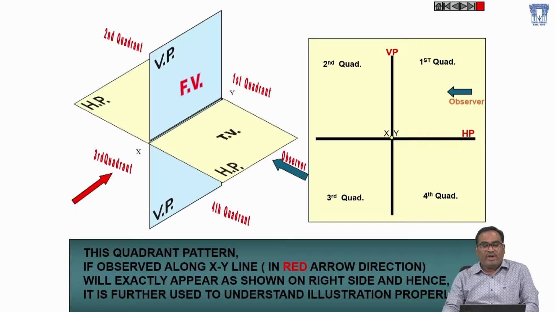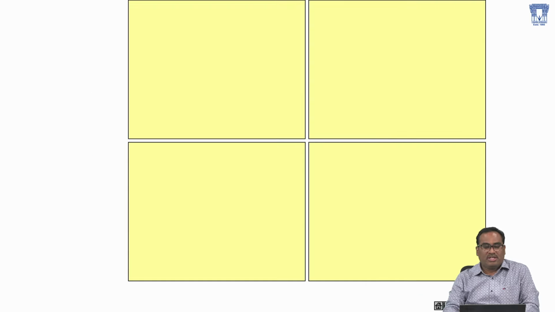Whenever we are drawing on paper, we separate the horizontal plane and vertical plane with a horizontal line and a vertical line. Wherever the horizontal plane and vertical plane meet is called the reference line, and we call this reference line the XY line. This is how you can understand the horizontal plane, the vertical plane, and the quadrants. I'll go to the next slide.